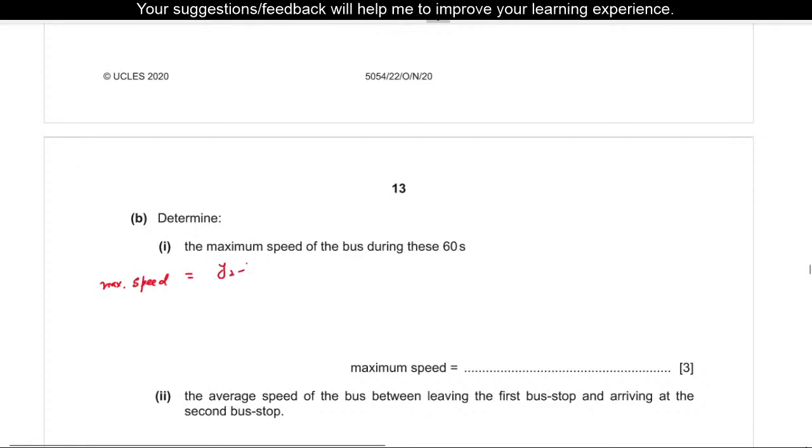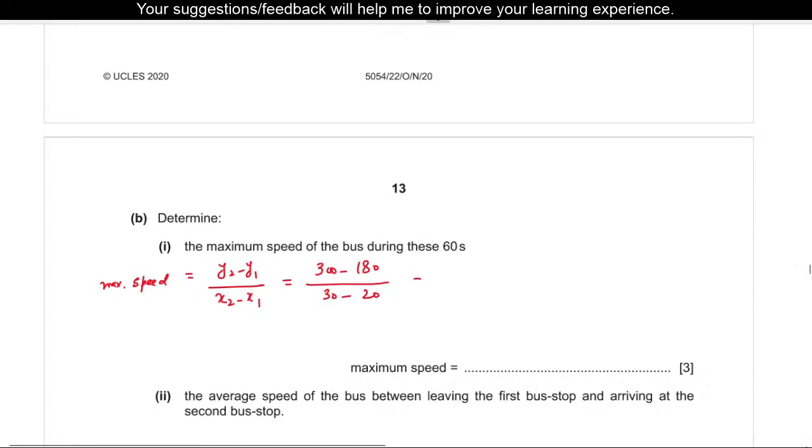So slope is (y2 minus y1) over (x2 minus x1), and that is equal to (300 minus 180) divided by (30 minus 20).